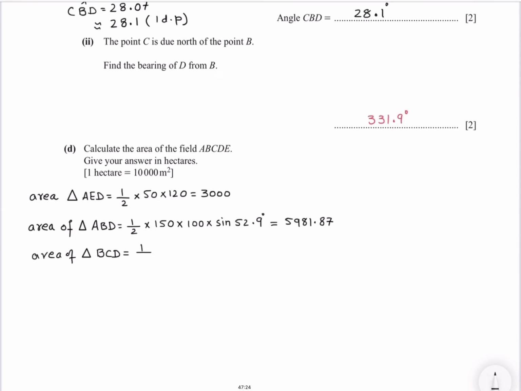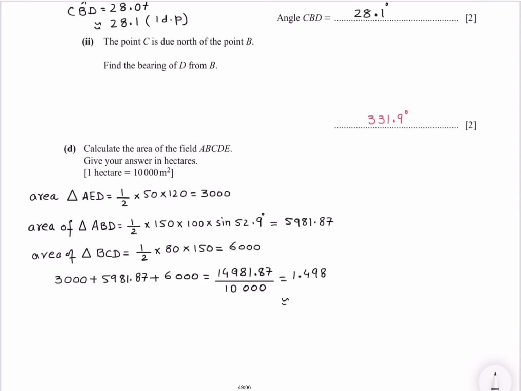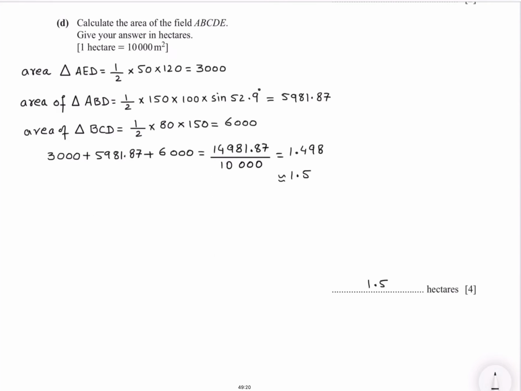Area of triangle BCD, again it is a right angle triangle, so 1 over 2 into base into height, 80 into 150, so 6000. Add all of them. So this is 14981.87. So he wants it in hectares, so divide by 10,000. So this is 1.498, which is 1.5 hectares.